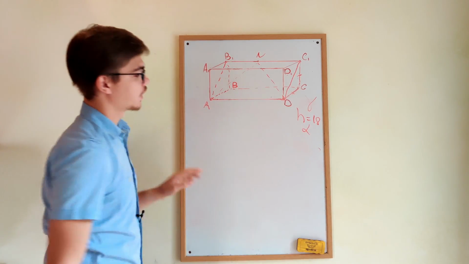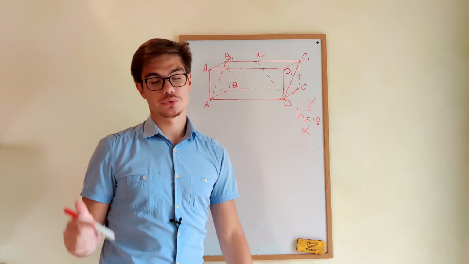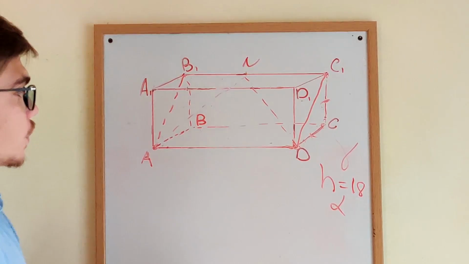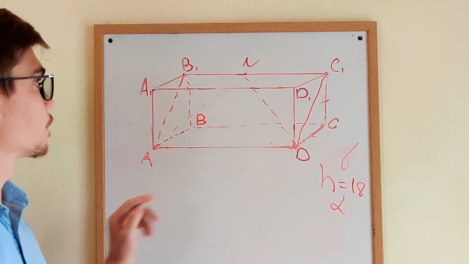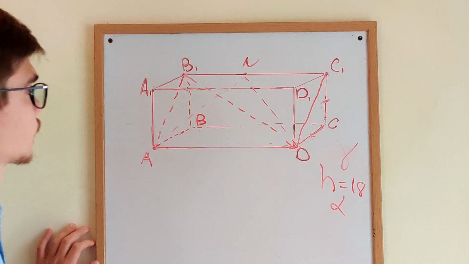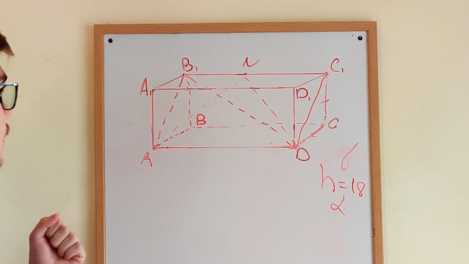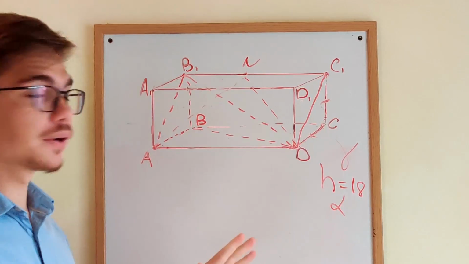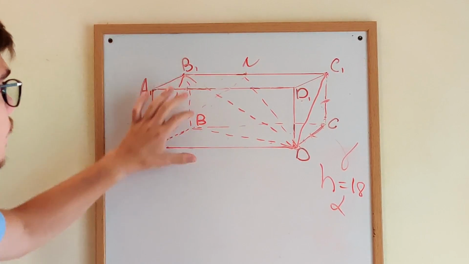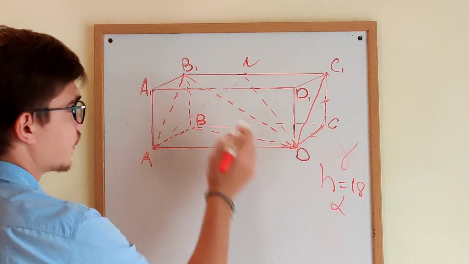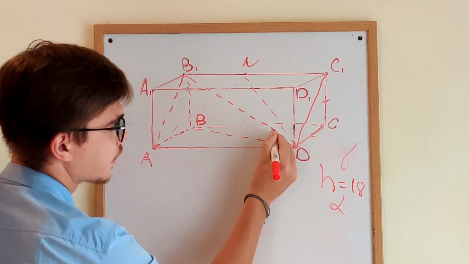Now, in order to do this, let's first label all the things that we know about the problem on our drawing. So I'm going to construct the diagonal B1D. Now the drawing is a little bit messy, but I hope you will see where everything is. Now I also constructed its projection BD, and now the angle alpha is the angle between the diagonal and the bottom base.